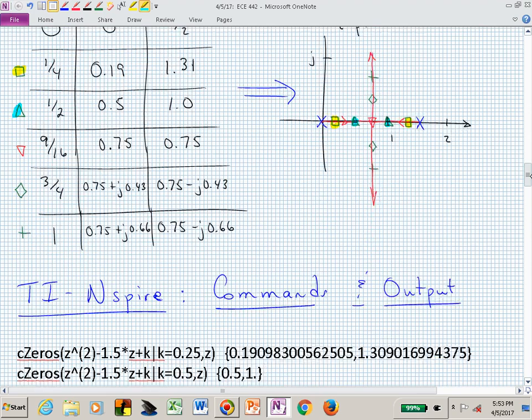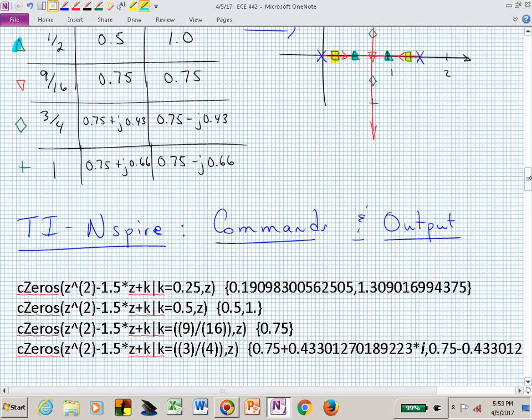If you have a calculator, for example, you could have done these commands. I know it looks crazy, but it's just complex zero. You can't use zeros because if you have complex roots, it'll stumble. It'll say, oh, these roots aren't real. So you say C zeros, complex zeros, and now I'm simply putting in z squared minus 1.5z plus k.